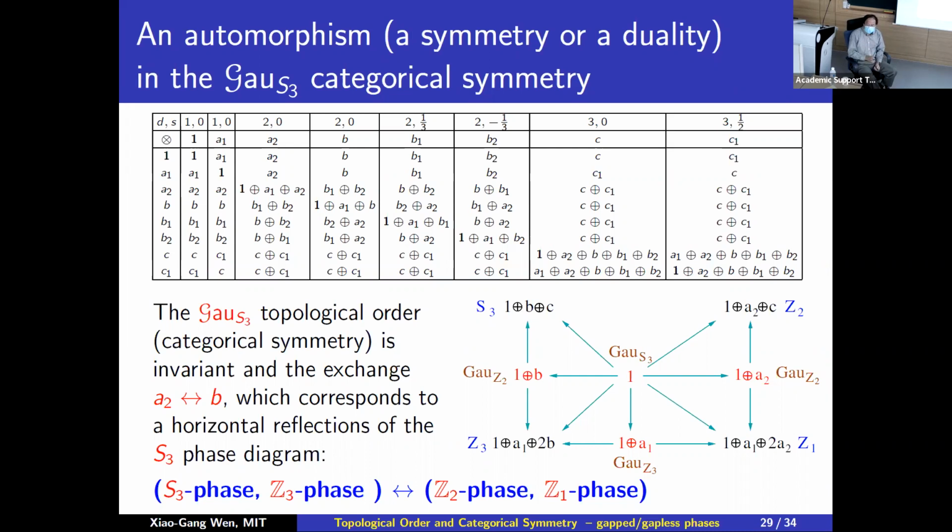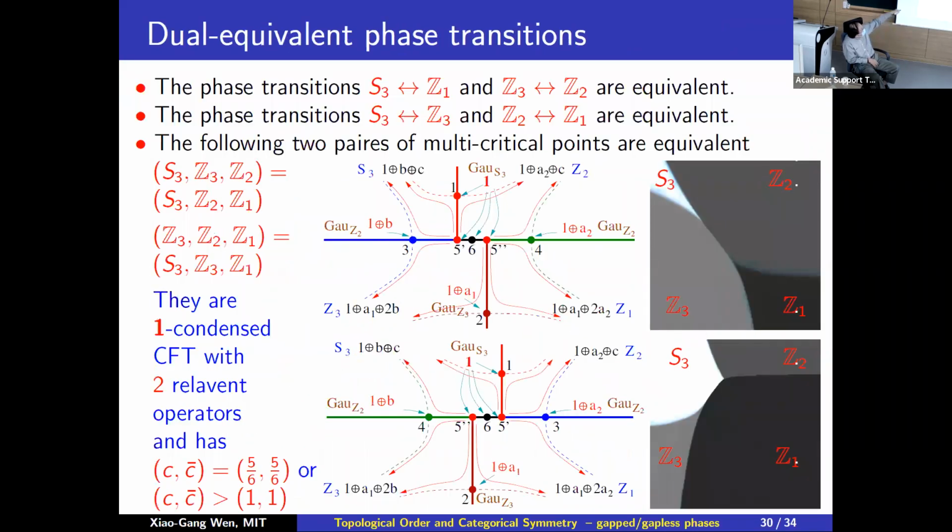S3 has a duality similar to EM exchange in the Ising model or the toric code model. So this duality is like a horizontal reflection of this graph. Just do the mirror reflection of this straight line. So S3 maps to Z2, Z3 maps to Z1. And that means that this S3 to Z1 transition is mapped to Z3 to Z2 transition. That is surprising.